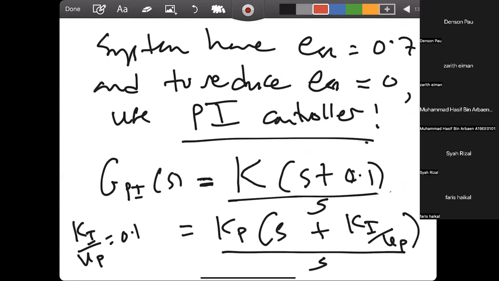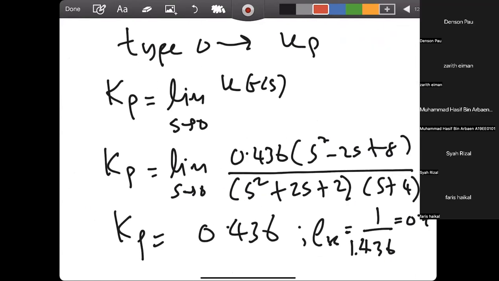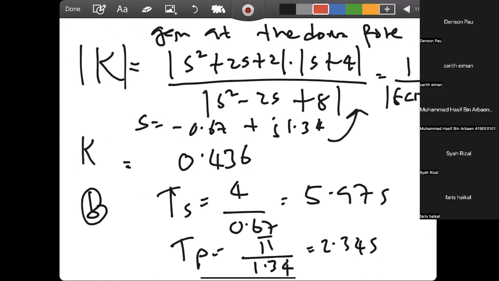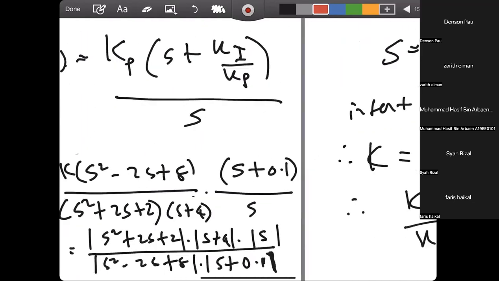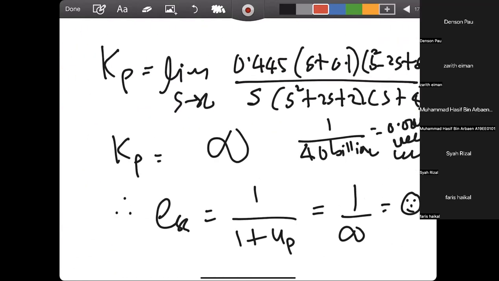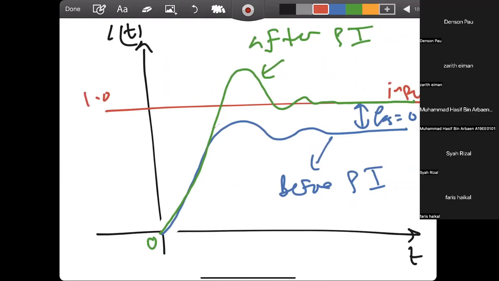Before it is 5.997 seconds, so it's a little bit faster. Because this is a freehand draw, if you draw like this it is also okay.